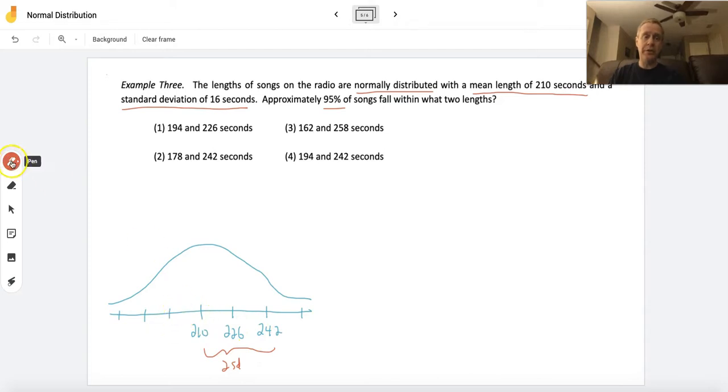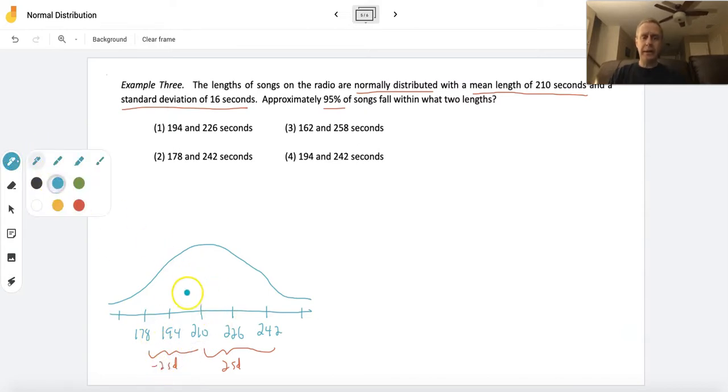But I do need to go by increments below the mean, 2 standard deviations below. The first value, 1 standard deviation below 210, would be 194. And going another standard deviation below, 16 less than 194, would be 178. So here we see we are going 2 standard deviations below the mean.